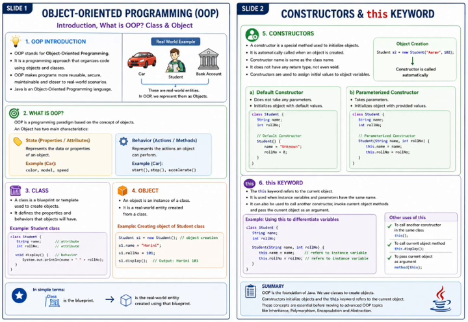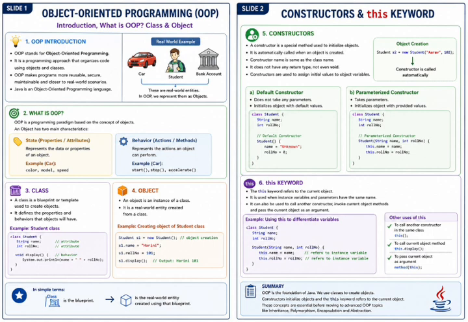Next, let's understand objects. An object is an instance of a class. When we create an object, memory is allocated and we can access the properties and methods defined inside the class. For example, if student is a class, the name of a student can be an object of the class.